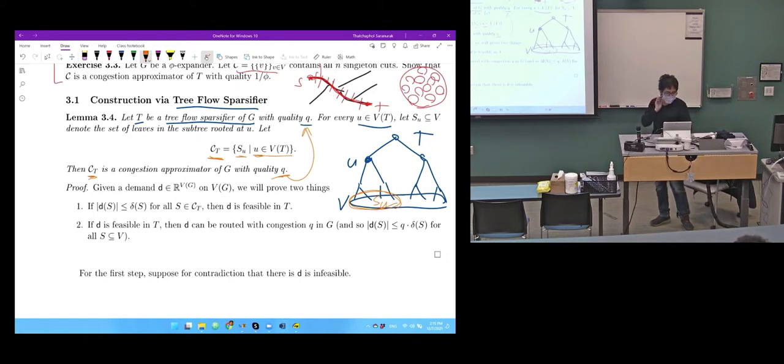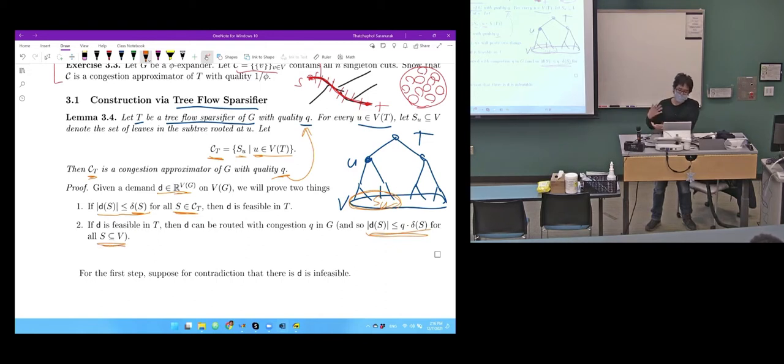So let me try to prove why it is a congestion approximator. All we need to say is this: given any demand on the vertex set of G, to say that this family is a congestion approximator, we need to say that if this demand is small compared to the cut, but only for every cut in the family, then this is true for every cut.